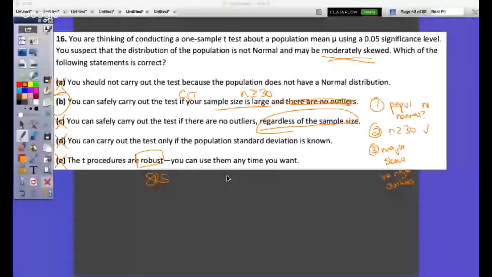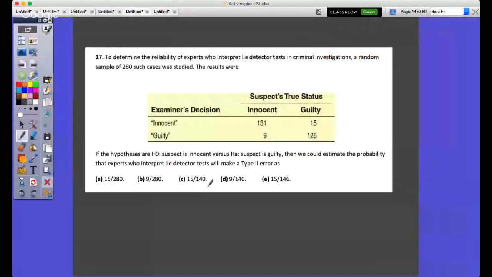All right, 17. The hypotheses are null, suspect is innocent, versus alternative, suspect is guilty. Then we could estimate the probability that experts who interpret lie detector tests will make a type 2 error, which is we fail to reject the null, but HA is true.